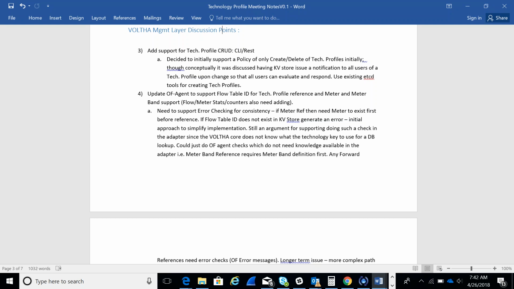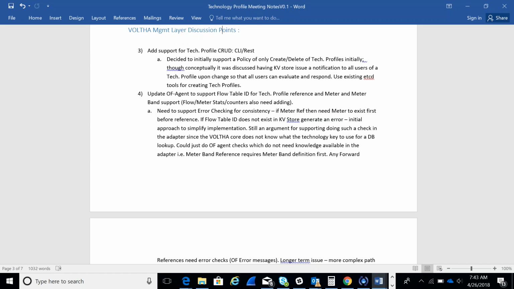We had a discussion around being able to do an update of the profile, and we thought that was a little too complex initially. So we decided to support a policy where we only do create and delete of the technology profiles initially.